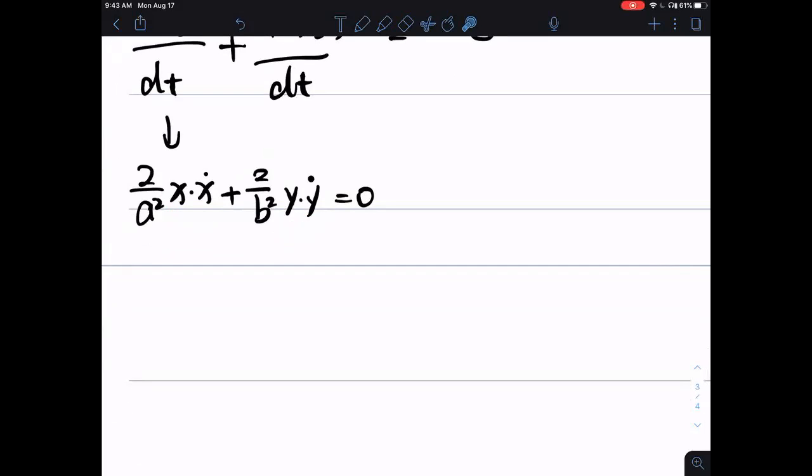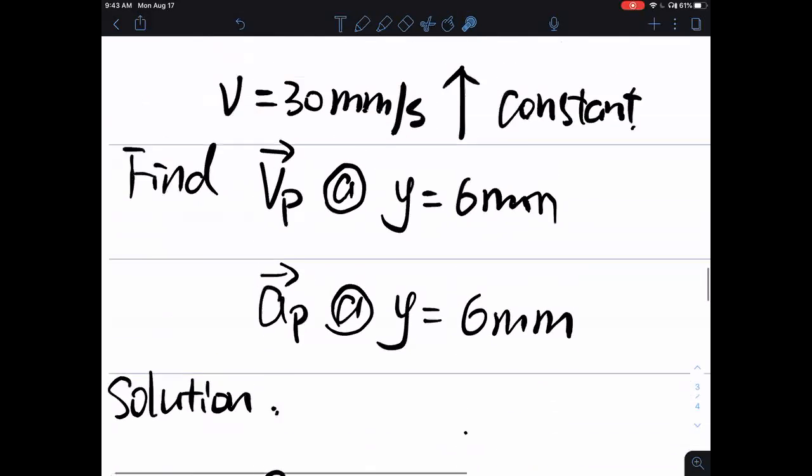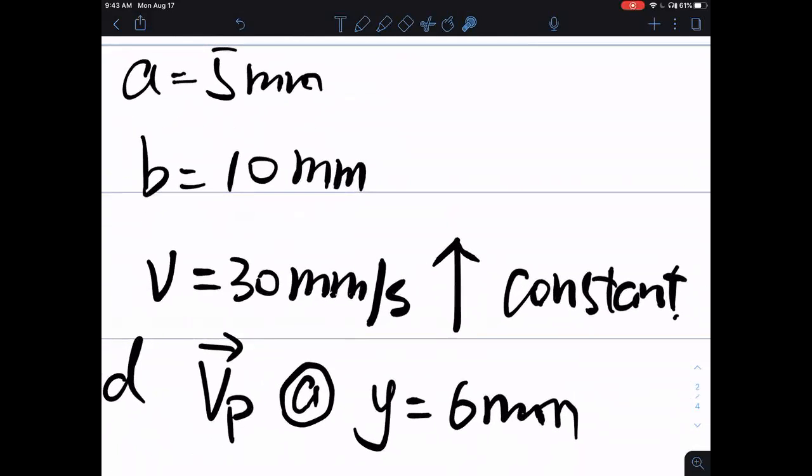Speed and velocity. And do we know anything about the speed in y direction? What is this guy, v? What is v?